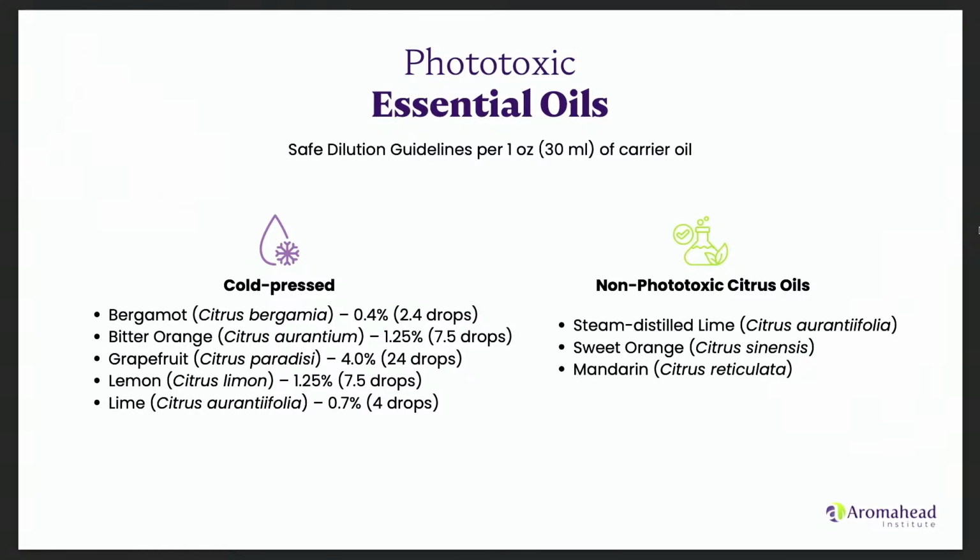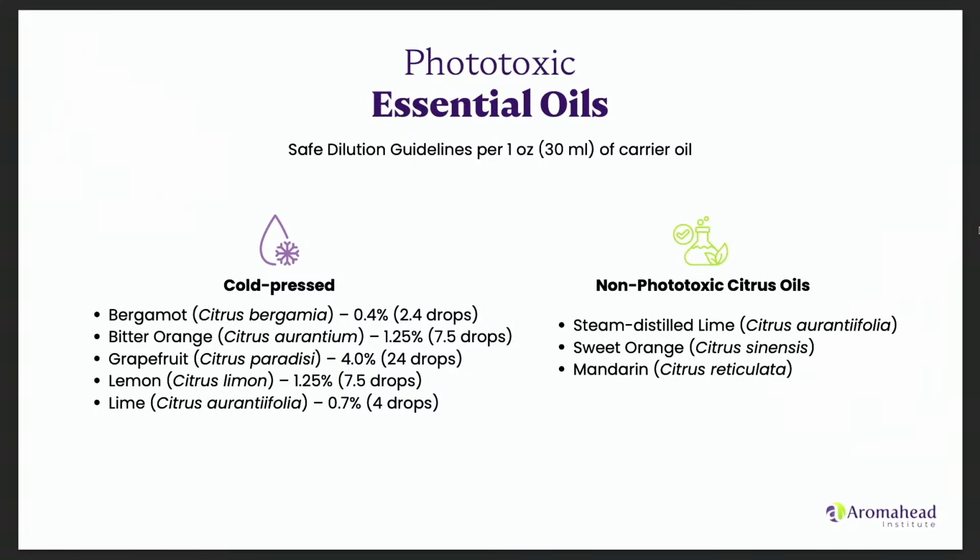If I'm just using grapefruit and it's clear up to 24 drops, I can easily put in another one, except for bergamot, unless I use just 1 drop of bergamot. Now, this gets a little bit confusing. So, just recently, in the last few months in our ACP program, there is a calculator that helps to calculate this. And we're going to show that to you in just a little bit.